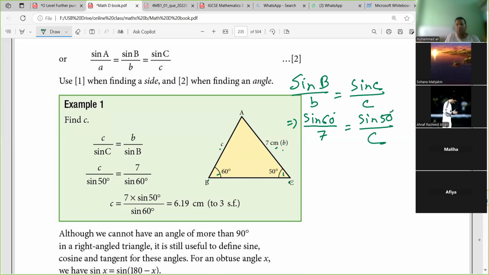Now cross multiply: C equals 7 multiplied by sine 50 divided by sine 60. After calculation, we will get 6.19 centimeters.